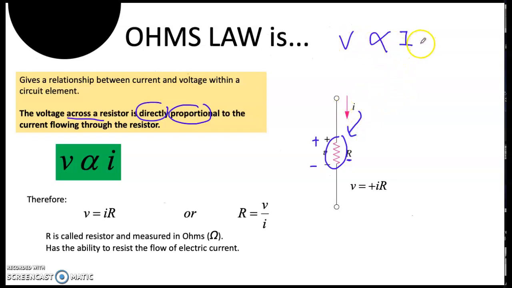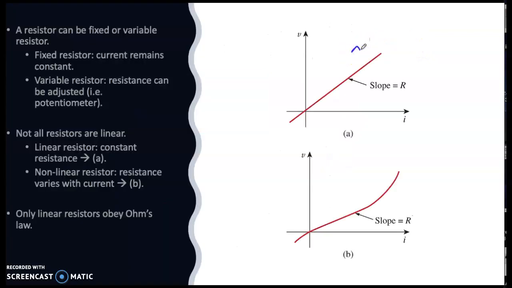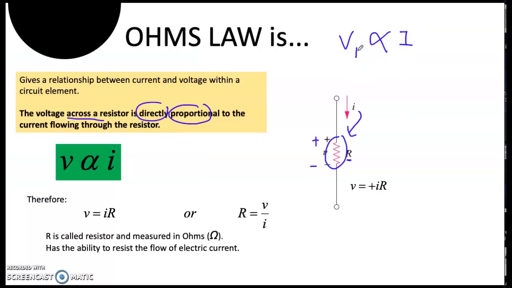So V and I will always be proportional, which means the higher the voltage, the higher the current that will pass through the resistor.